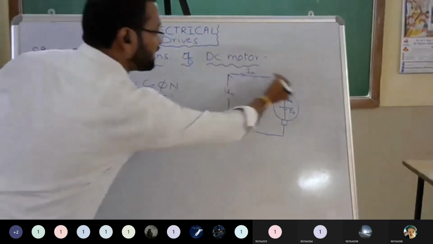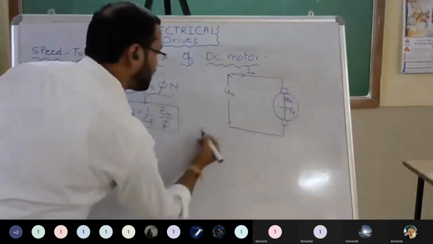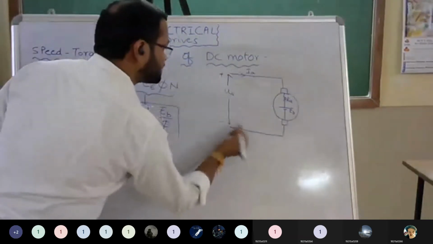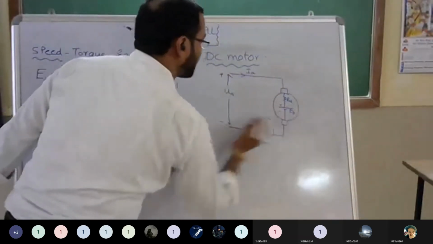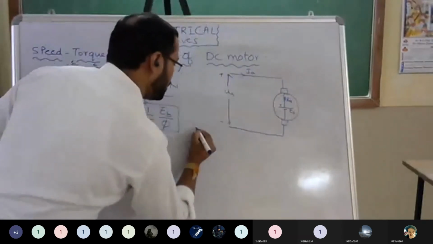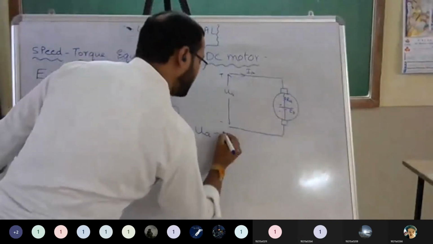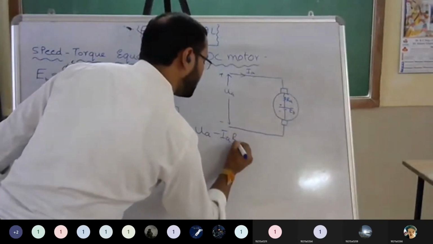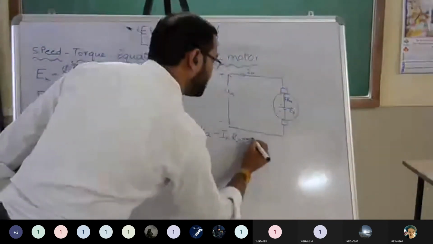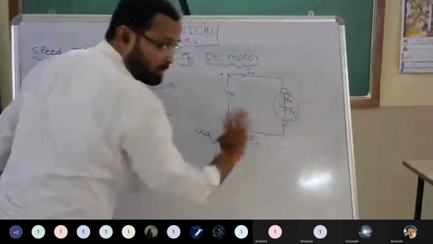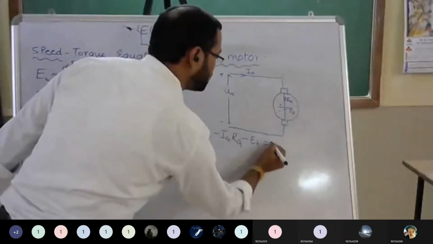So here itself we can understand. Suppose EB, here we will write the KVL rule. So what is the KVL rule? This is plus, this is minus. Here also this is plus, this is minus. So we will go by the KVL rule. UA minus IA into RA, again minus EB, brush drop I am not considering here, is equal to 0.